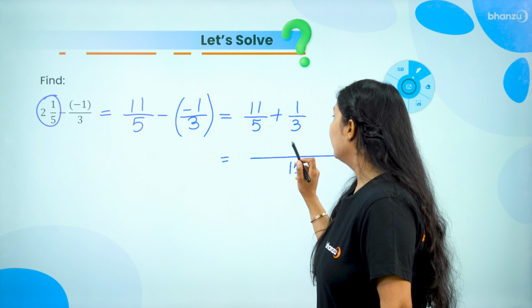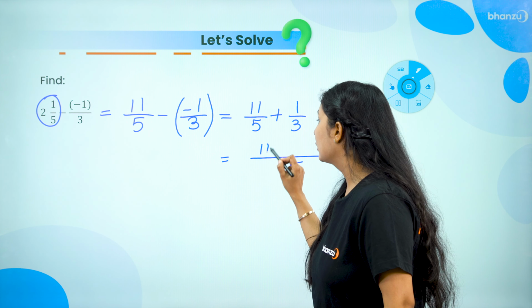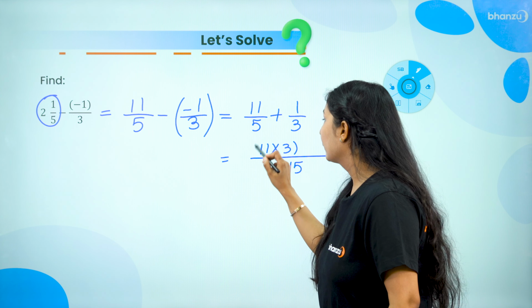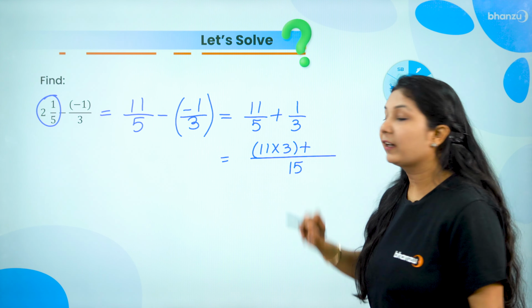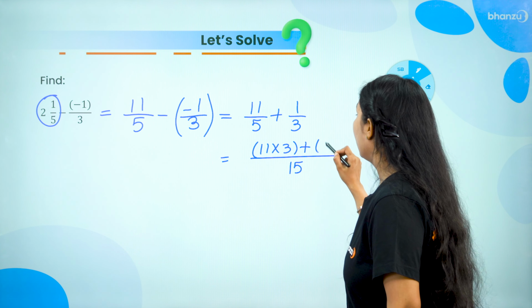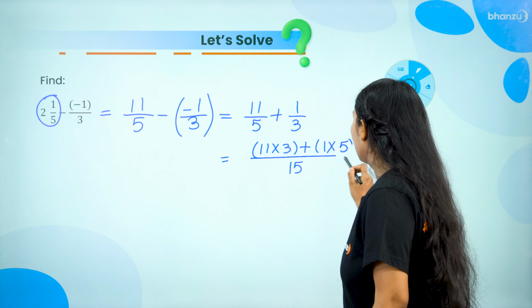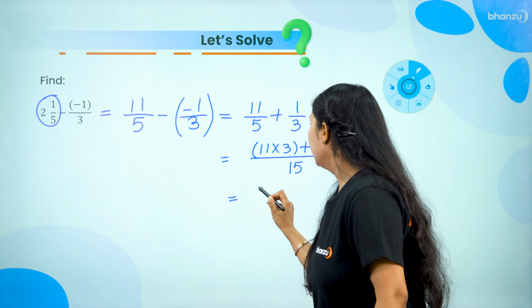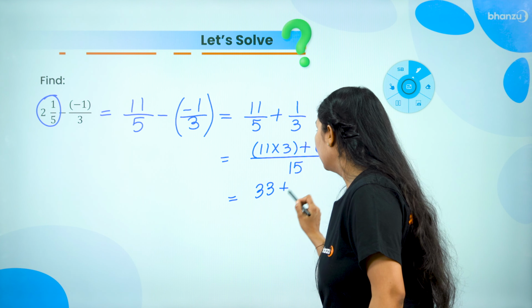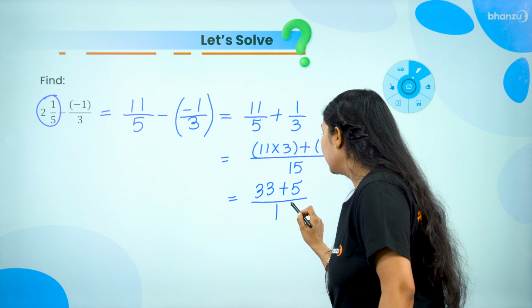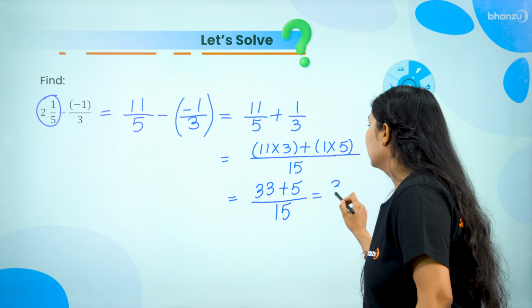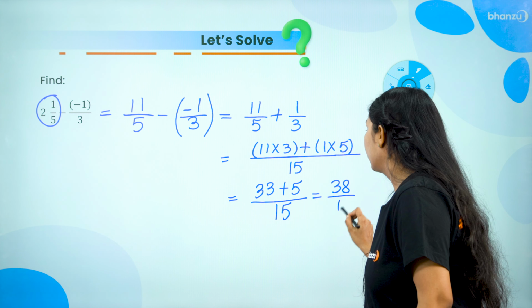So what do we get? 15 divided by 5 is 3, so 11 into 3, right? Plus 15 divided by 3 is 5, it's 1 into 5. So what do we get over here? We get 33 plus 5 upon 15. So here we get 38 upon 15.